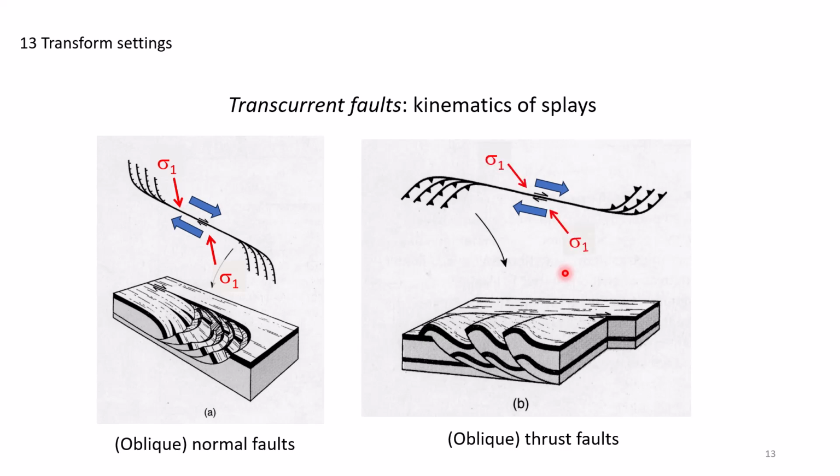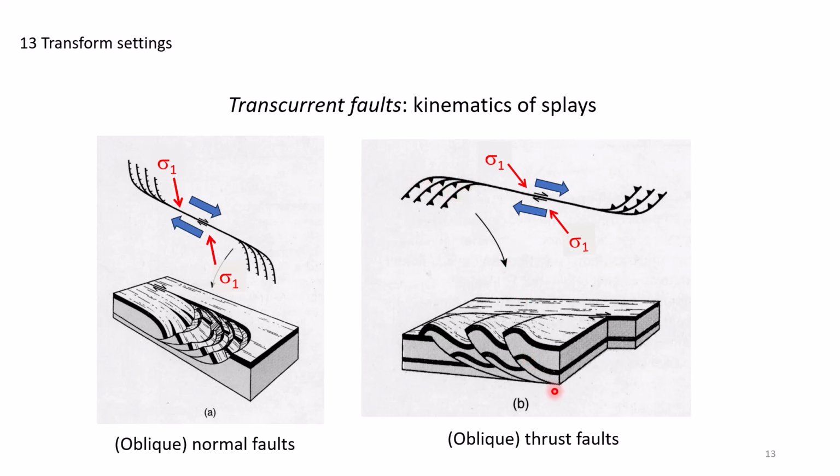Reverse or thrust faults will occur if the splays are curving into the direction of sigma 3. Here we will find that the dextral movement in our example will create contraction, and accordingly we will form sets of oblique thrust and reverse faults, perhaps associated with folding if this happens in a crustal environment that allows semiductile deformation.